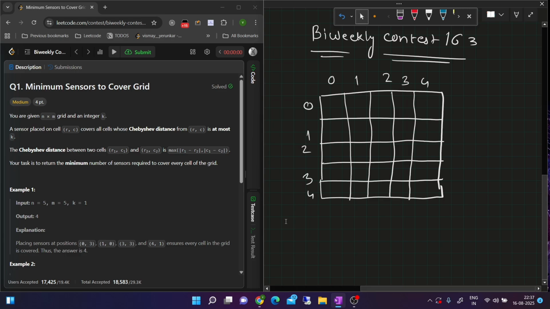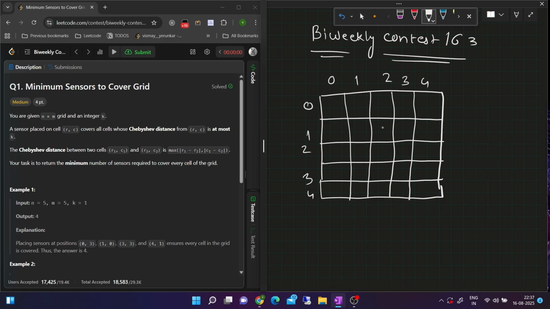Now, first of all, let's see how much particular distance can be covered in any of the directions from a particular cell using Chebyshev distance. We consider this cell where the sensor is placed, and let's say we are using another cell, this cell. Let's try to consider the Chebyshev distance between these. So the Chebyshev distance would be 4 minus 2.